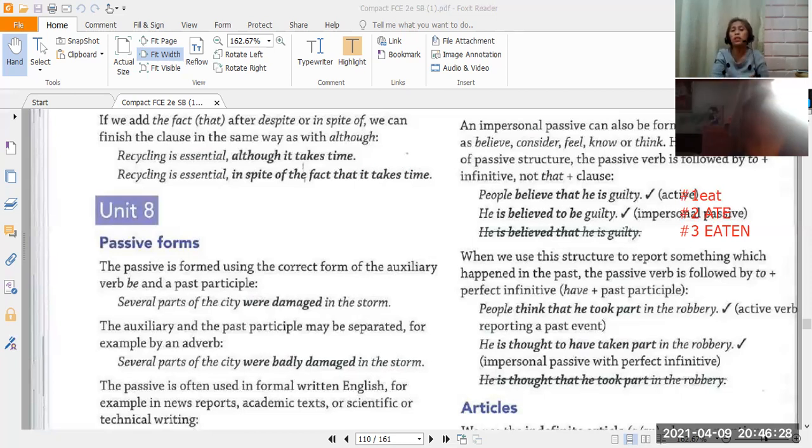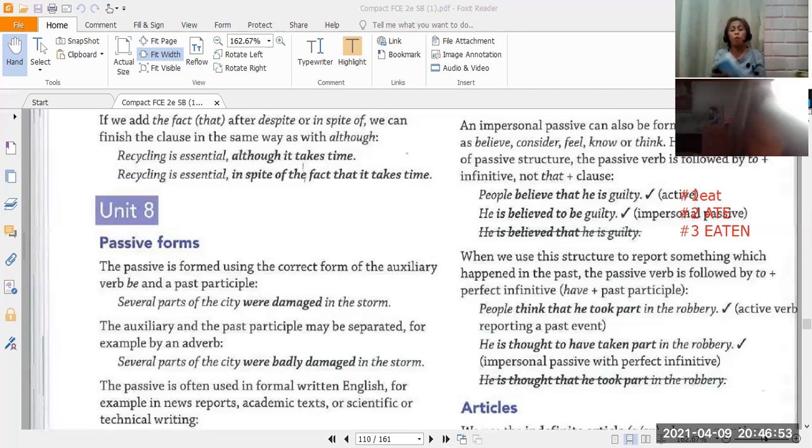The driver was not injured. A truck crashed into a tree. The driver was not injured. By using the definite article "the", remember, "the" is the definite, it becomes unique.